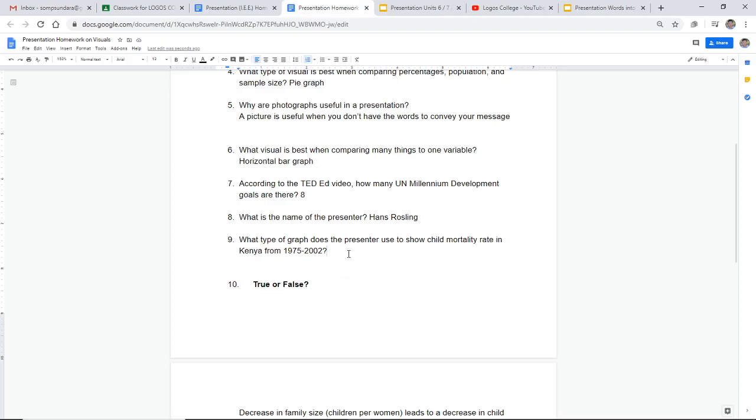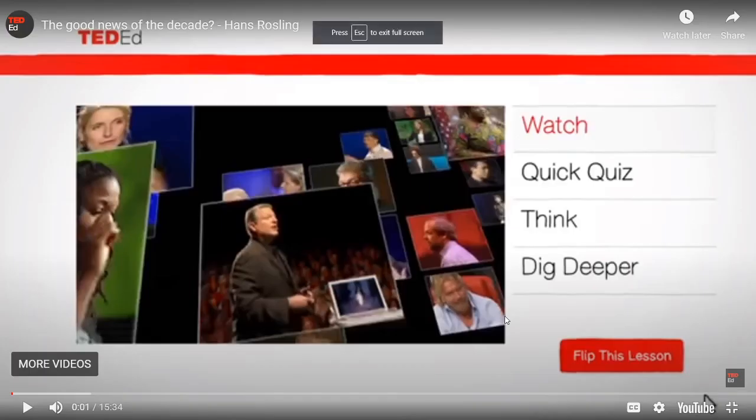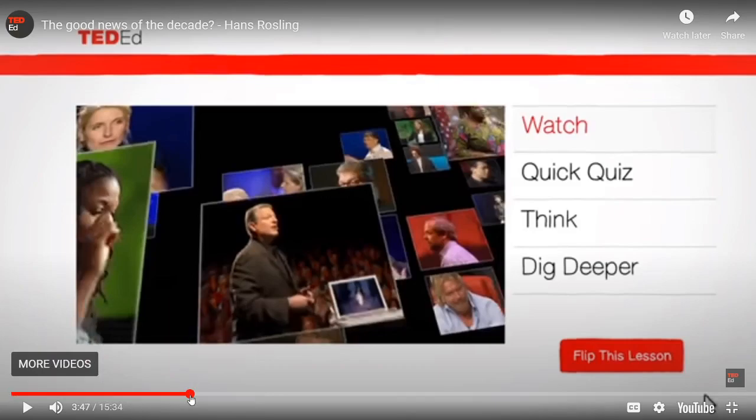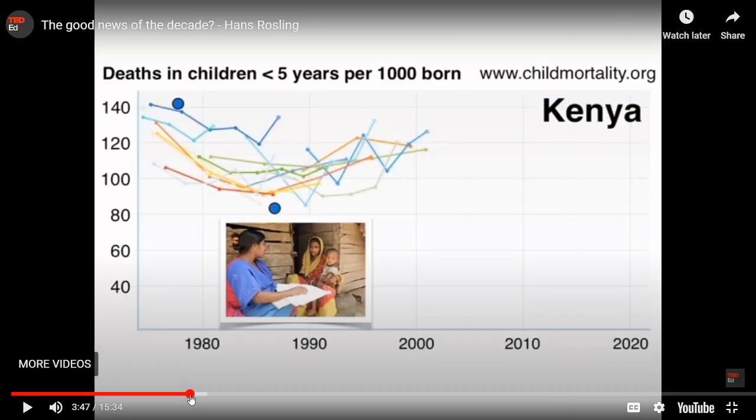Right. Number 9, what type of graph does the presenter use to show child mortality rate in Kenya from 1975 to 2002? So if you look at the video, here's a graph right here, from 77 to 2002.